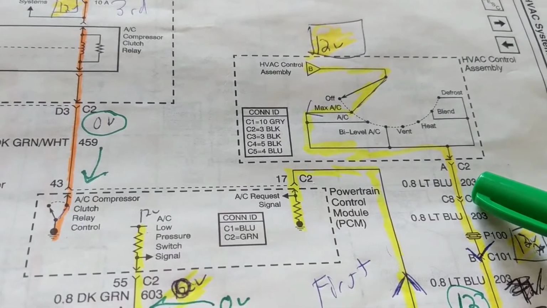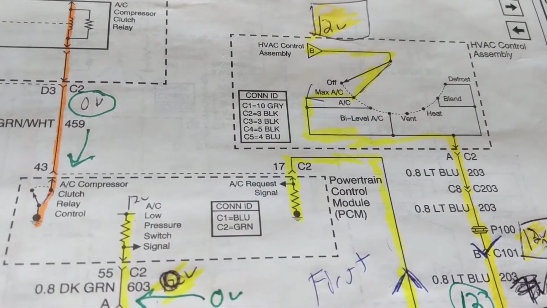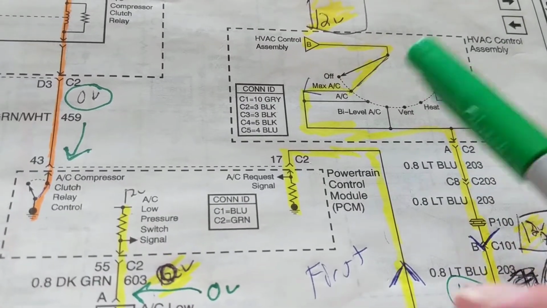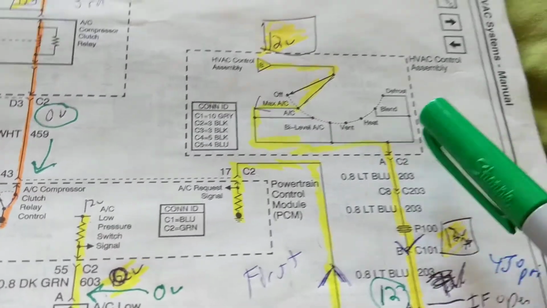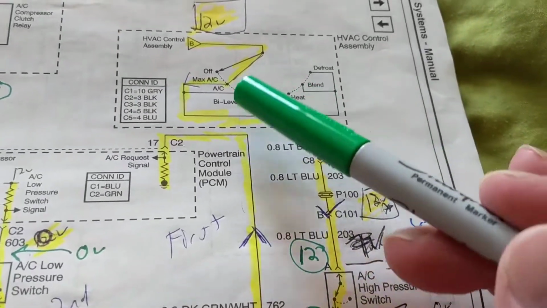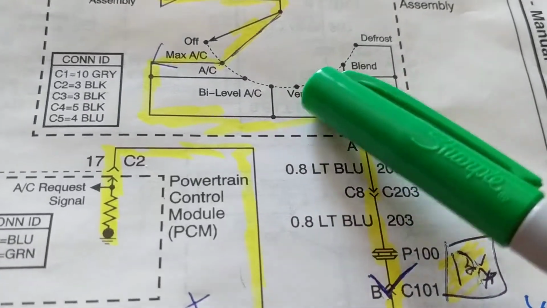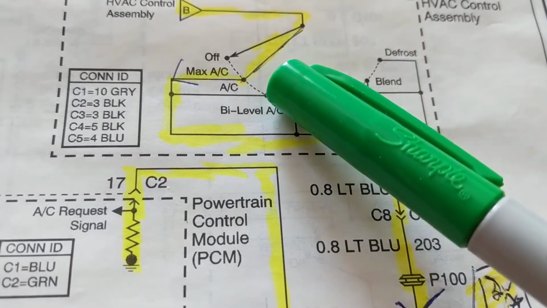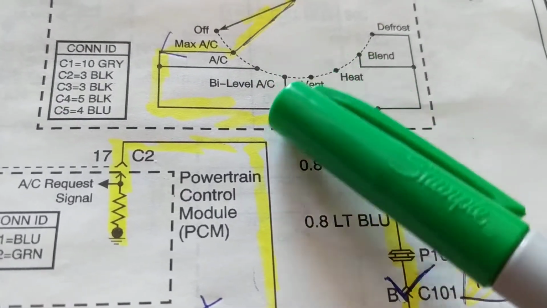First of all, obviously we don't have cold air. We see the passenger doesn't have, the driver doesn't have, however you put the vents, we don't have cold air coming out to them. But this is the selector switch. You know that switch where you choose either vents or AC normal or maximum AC or off.